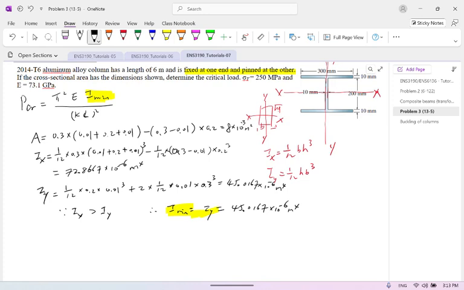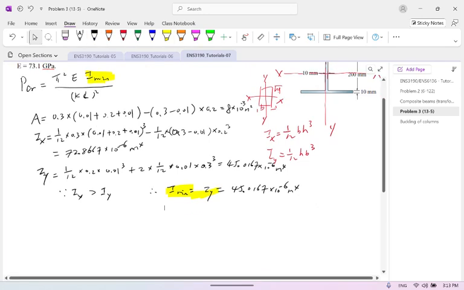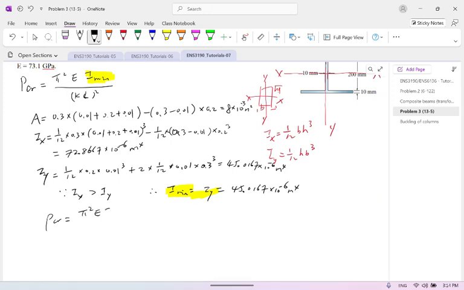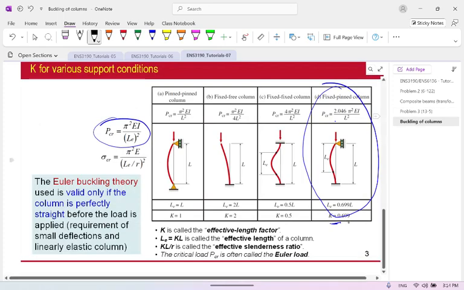So then later on, we should work on the PCR, which is equal to pi square E R minimum over K L square. From the knowledge, pi square times E, which will tell you 73.1 gigapascal, times R minimum, we just worked out, over K, which from here should be 0.699.